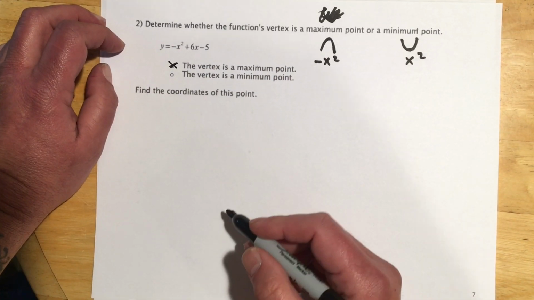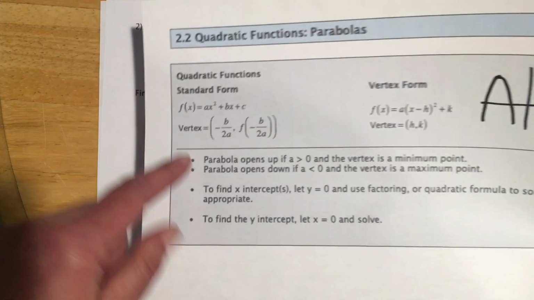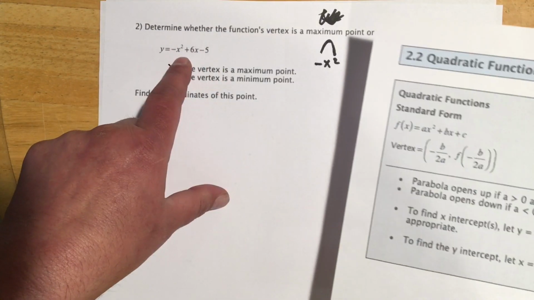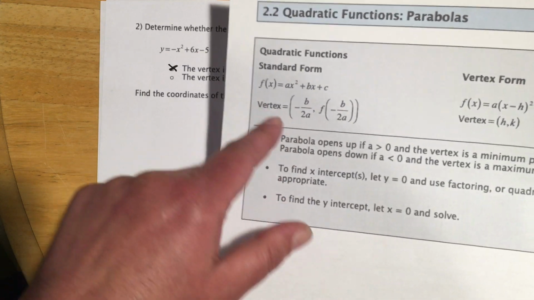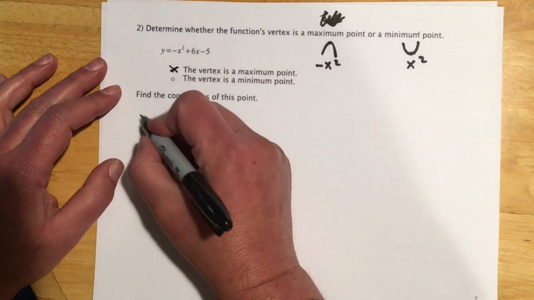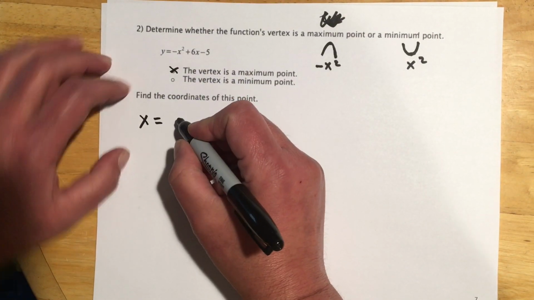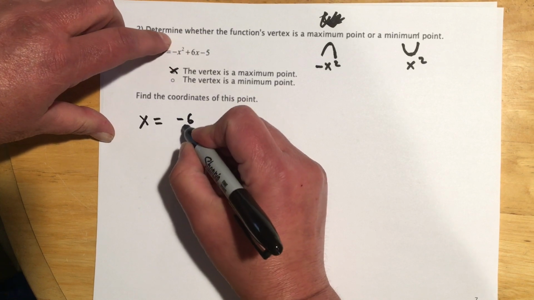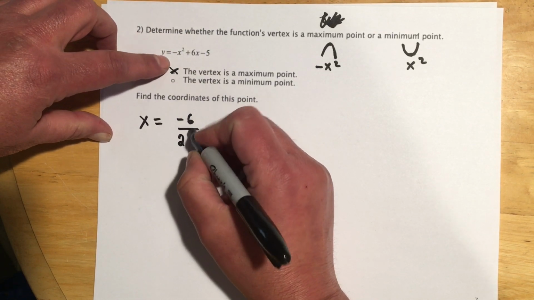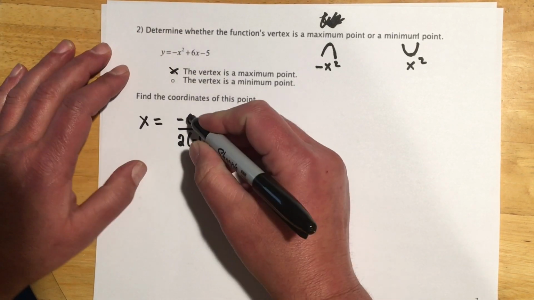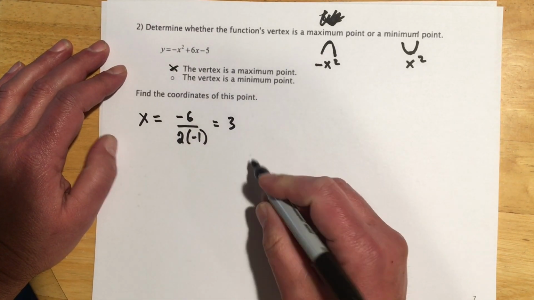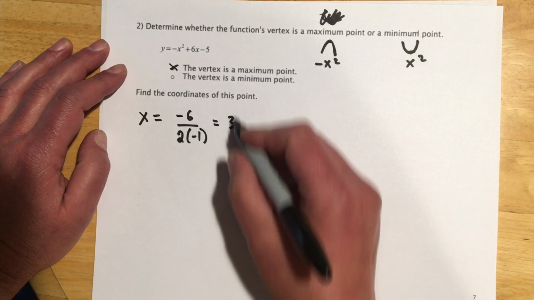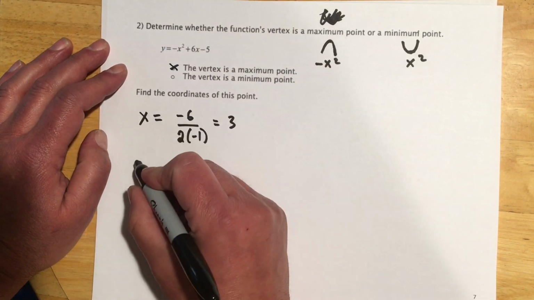Find the coordinates of this point. So that goes back to here, and we're in standard form right now, so we'll just throw it in for negative b over 2a. That will give us x, and then plugging that back in will give us y. So x coordinate of the vertex equals negative b, so it's going to be negative of 6 over 2a, and a is negative 1. So negative 6 over negative 2 would make positive 3. And then once I have this, I just plug that back in for x and I get y.